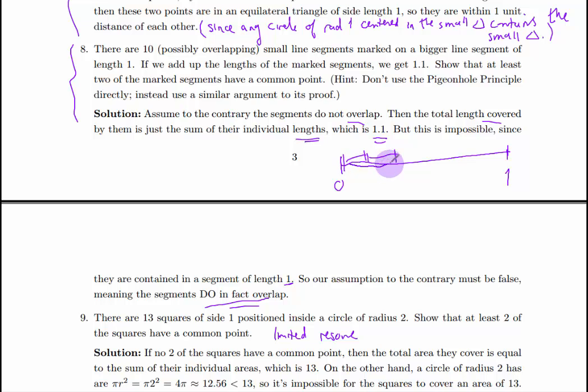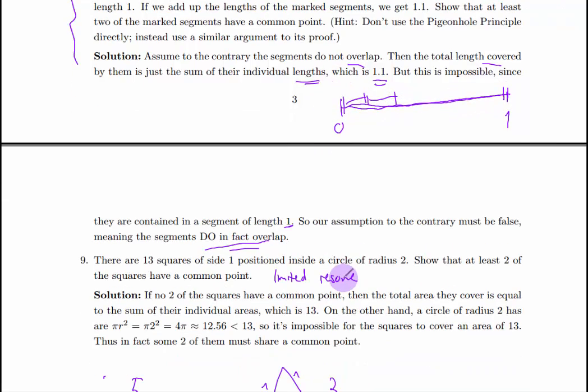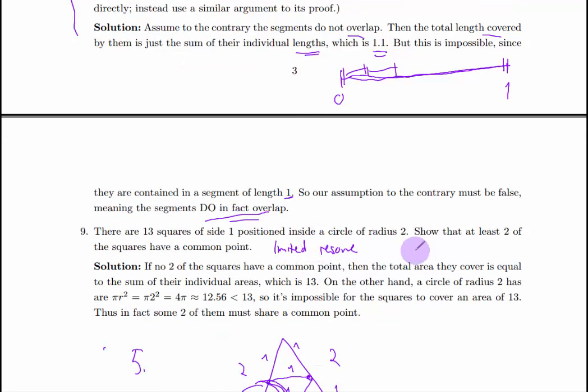In the previous problem, the limited resource was length. You only had so much total length that you had to divide among the other segments. In this case, the limited resource is area. We have a limited area, which is limited by the area of the circle. These 13 squares are inside this circle of radius 2.